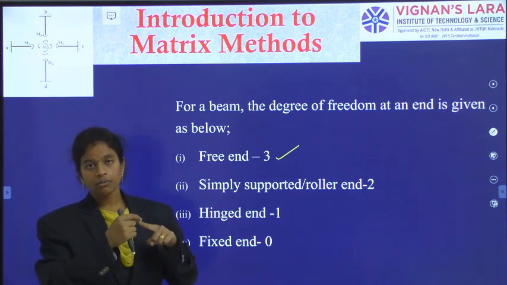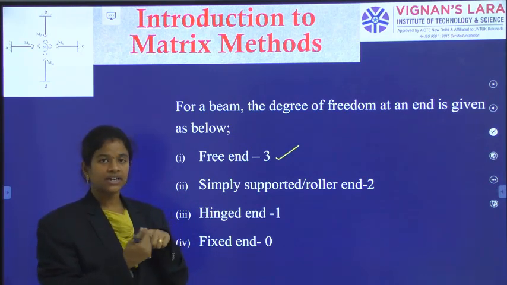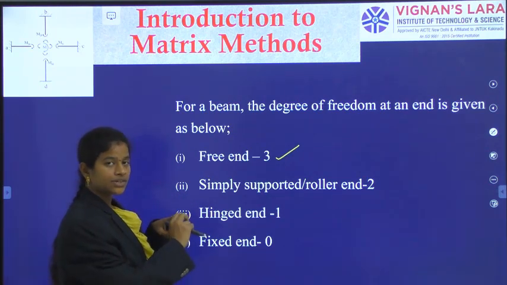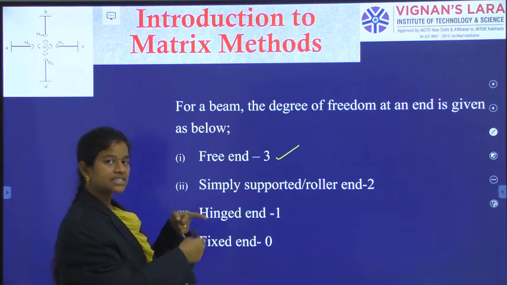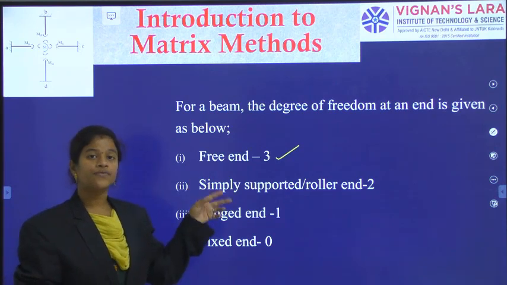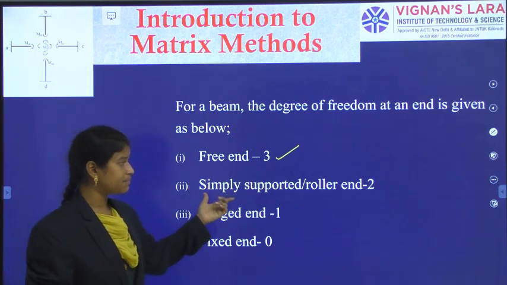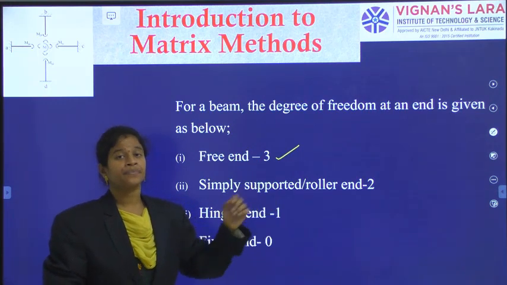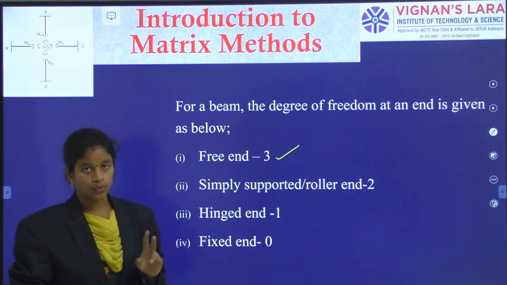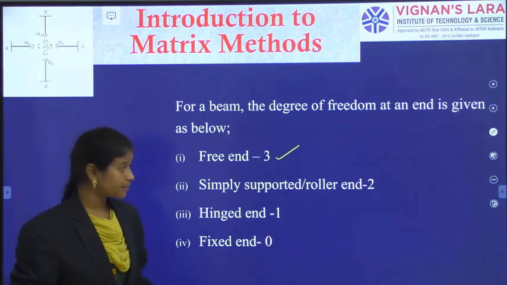So, for how much it has gone downward, I need one equation. How much it has gone in the horizontal, I need one equation. How much amount it has rotated, that quantity I need. So, the degree of freedom at the free end is equal to 3. Now, at the simply supported end or the roller end, the degree of freedom is 2. And then hinged end, that is 1.